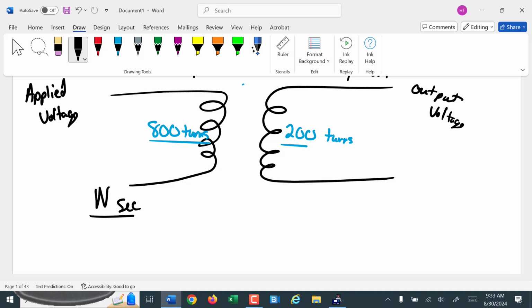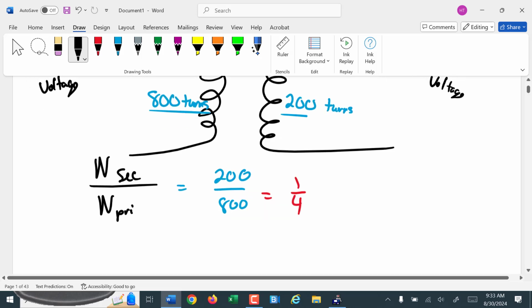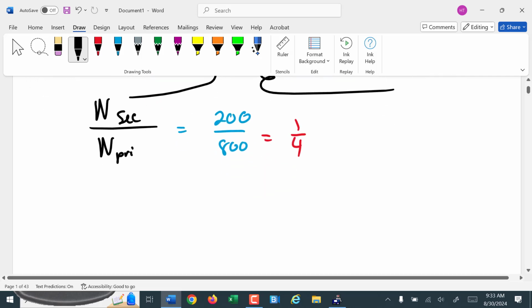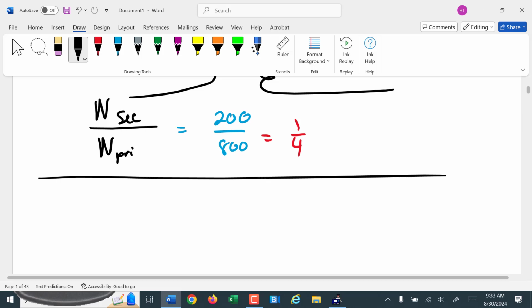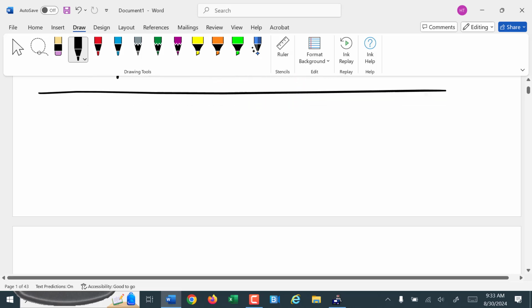It's going to be a step down, yes. So your ratio is always going to be the number of turns on the secondary coil versus the number of turns on the primary coil. So it's going to be 200 over 800. Or a 1 to 4 or 4 to 1. You got it.